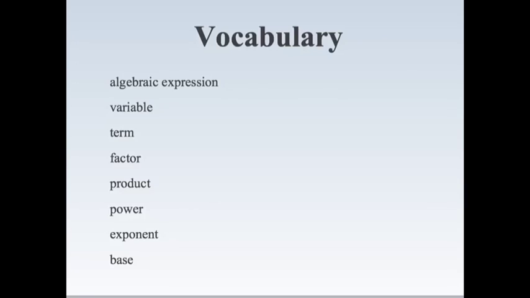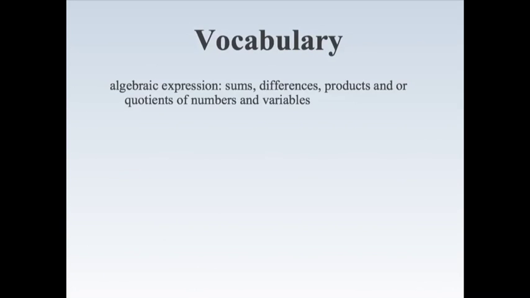So we've got algebraic expressions, we have variable, term, factor, product, power, exponent, and base. So an algebraic expression refers to sums and differences, products, and/or quotients of numbers and variables.